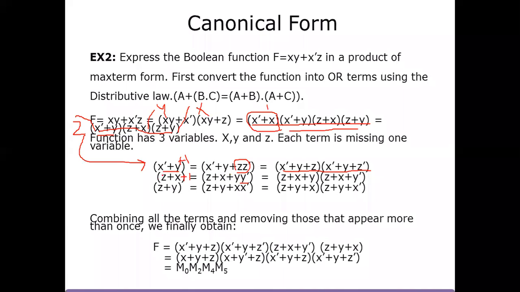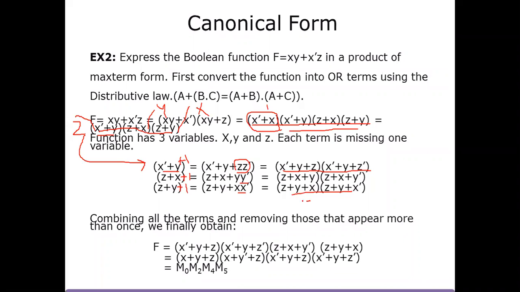We need to include y in this term. Then you expand using the distributive law and you add 1 here, and then you add x terms here using that 1. Instead of 1 we can use x dash, which does not change the value. And then you can expand.